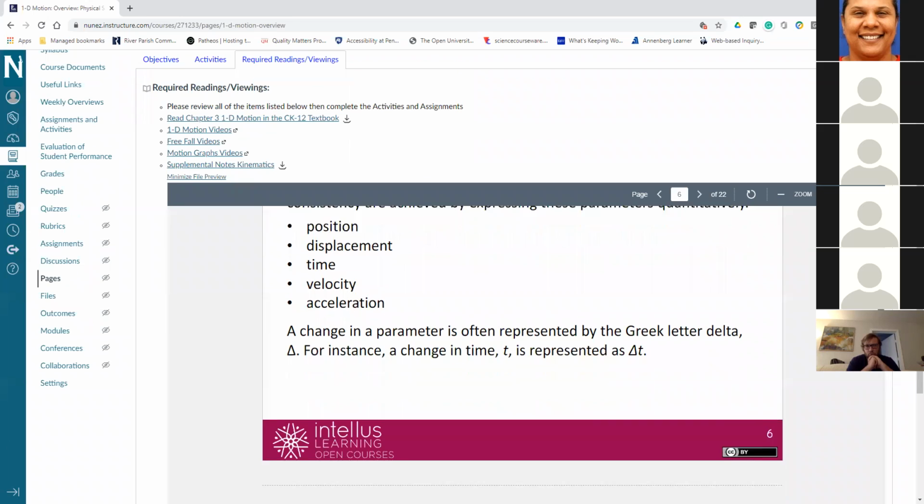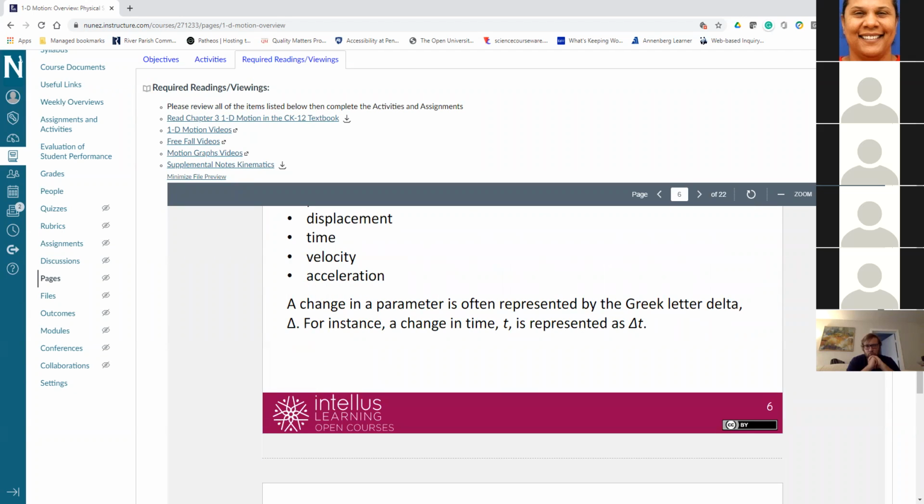Okay. There's another important parameter that we have to utilize. And you can see by now that we borrow a great many things from the Greeks to help us, including their alphabet or their letters. So the Greek letter delta is utilized to represent change.